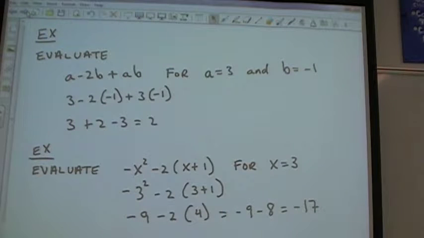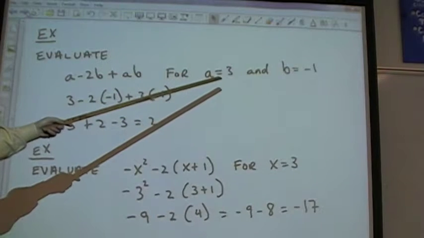The first line is our example. Evaluate a minus 2b plus ab, for a equals 3 and b equals -1. And the work below that is how we get to our evaluation. So all I do is substitute the values in for the variables.